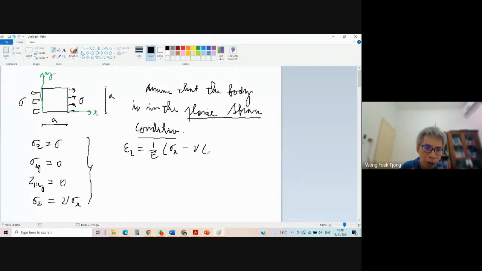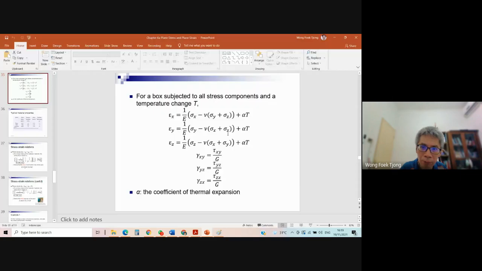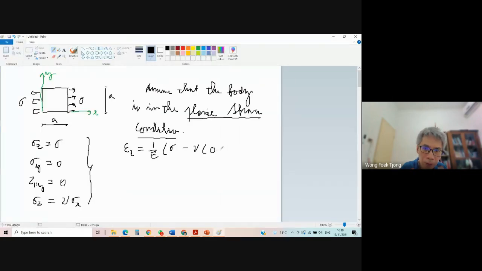Here sigma x is just sigma, sigma y is 0, and sigma z is nu sigma.